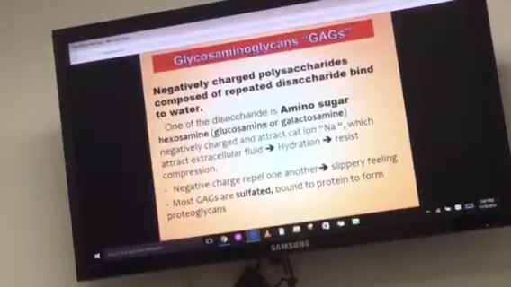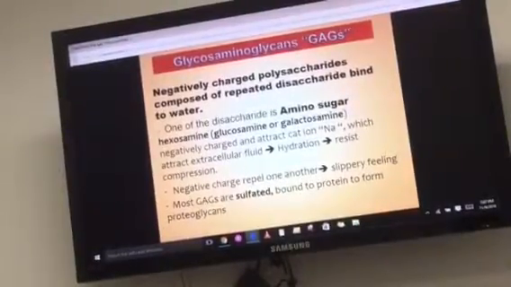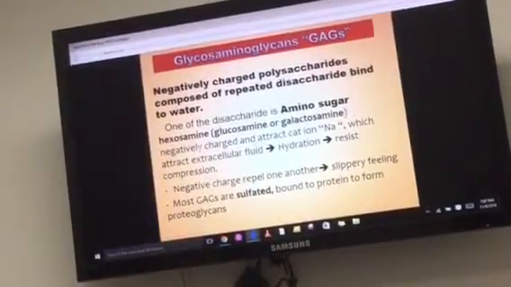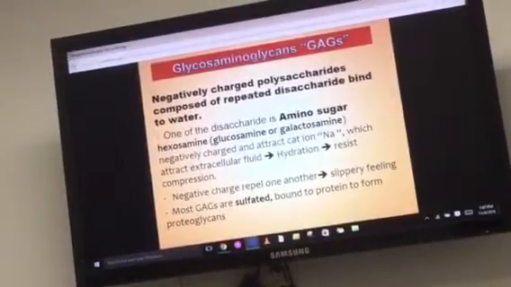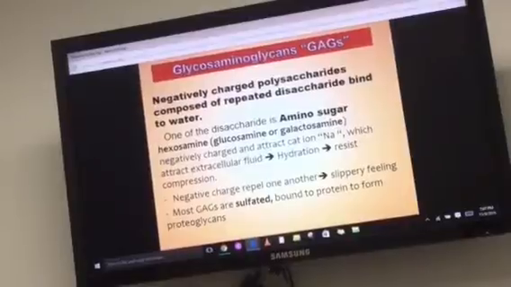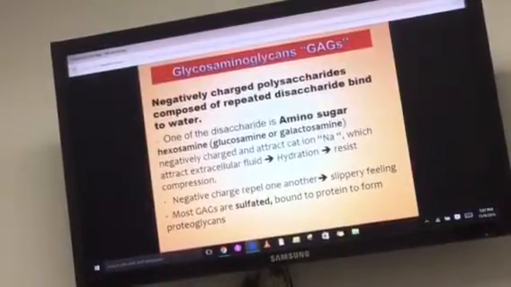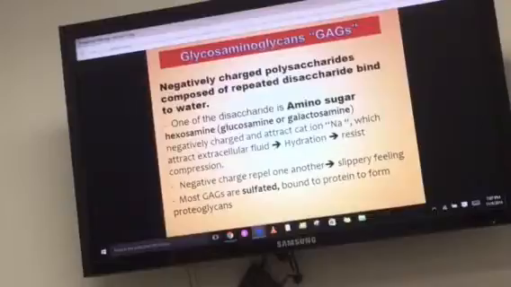One of the disaccharides is an amino sugar, hexosamine, which is made of glucosamine or galactosamine. Since it's negatively charged, it can attract cations, which makes up the extracellular fluid for hydration and resistance to compression. And since it's negative, it repels one another and causes a slippery feeling.